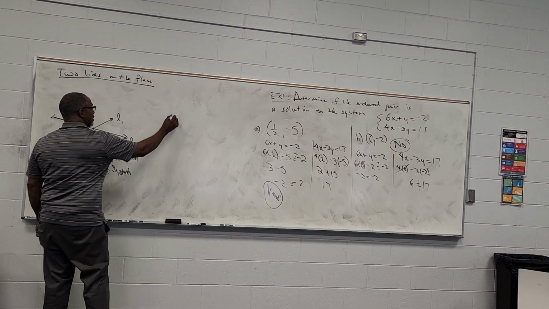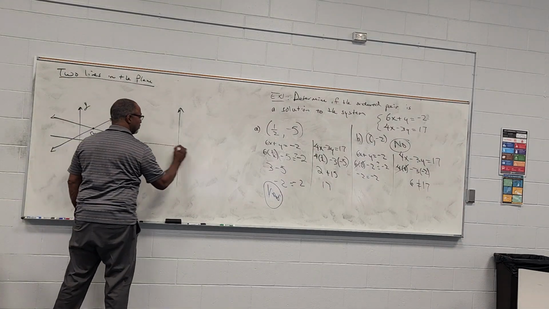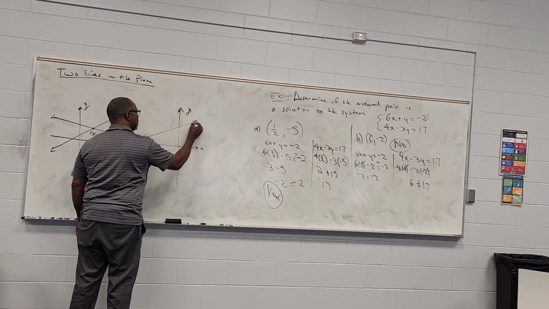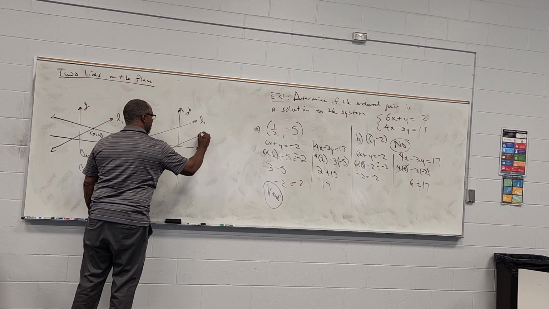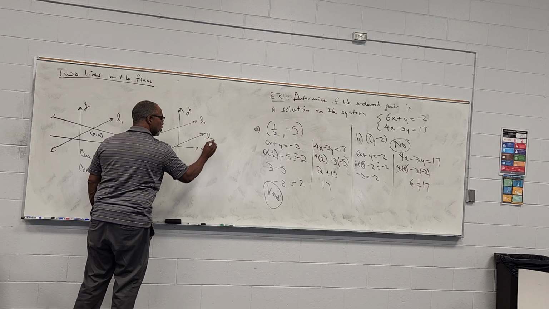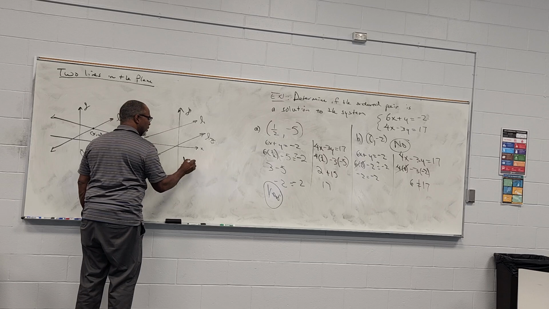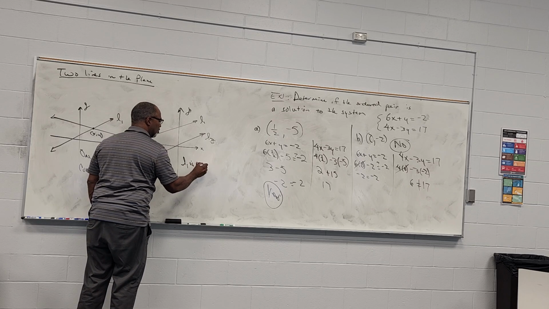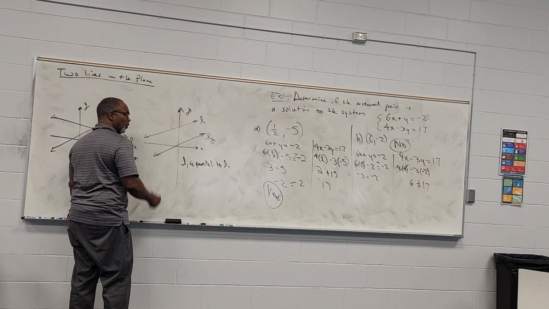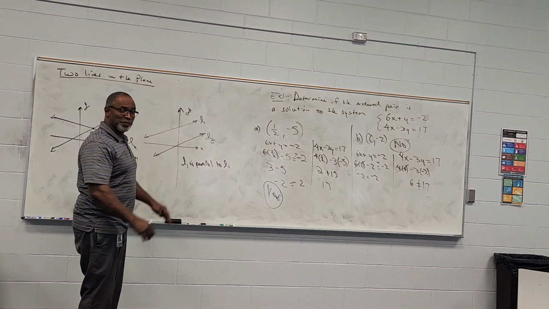Well, the second possibility for two lines in the plane, x and y: one line might be like this, L1, and the other line might be like this, L2. L1 might be parallel to line L2. Well, if they're parallel lines, they stay the same distance apart forever.